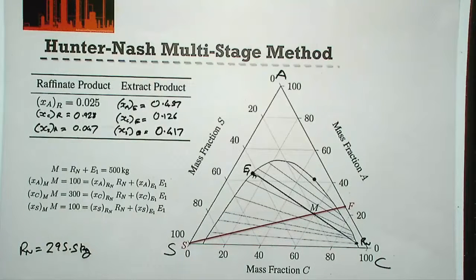So it's almost 300 kilograms in the raffinate and just over 200 kilograms in the extract. So now what we've done is defined the separation that our multi-stage system is doing. So what we need to do is now move on and find out how many stages we actually need in our system.